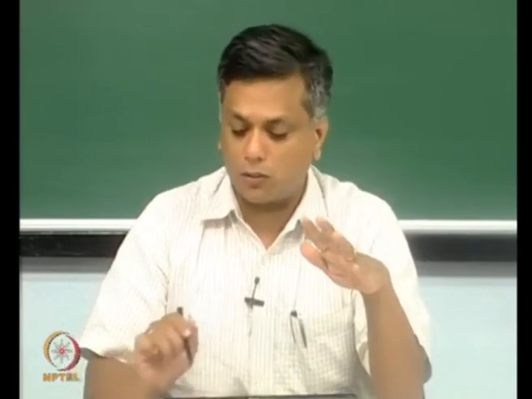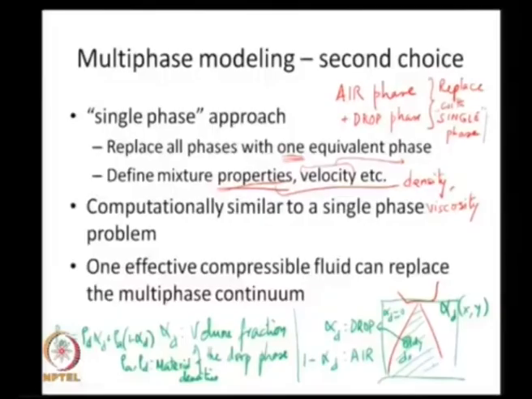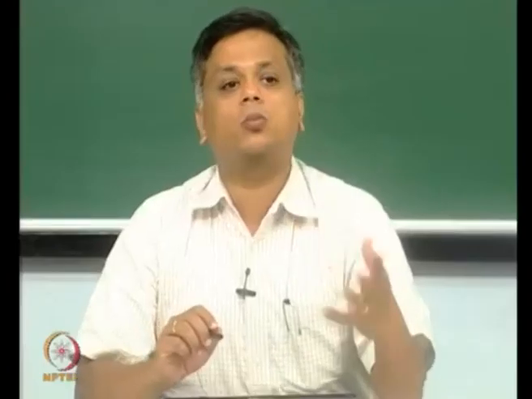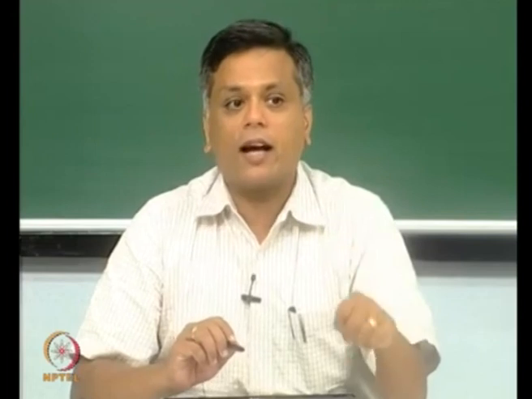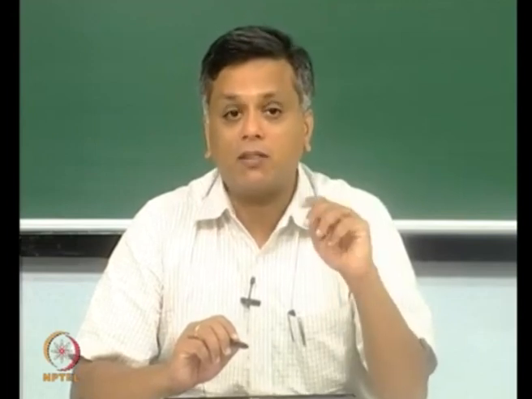Let us say I call this the single phase fluid, but you may call it the spray. This spray has variable properties at different parts of the spray. Alpha d is different in different parts of the domain, and rho, the density of this, is different at different parts of the domain. So, this has got all the look and feel of a compressible fluid.